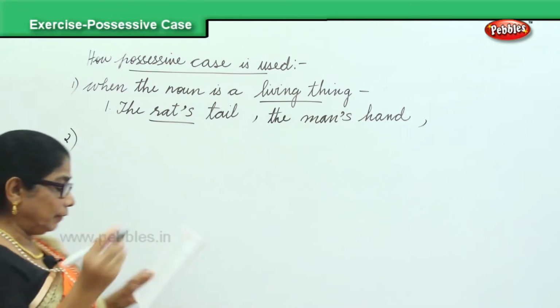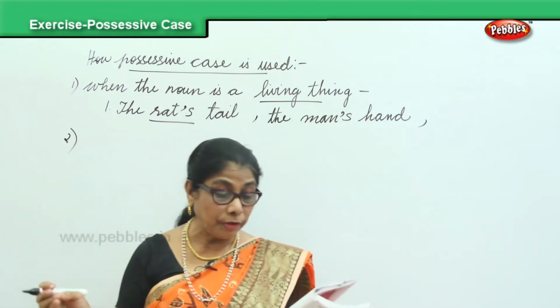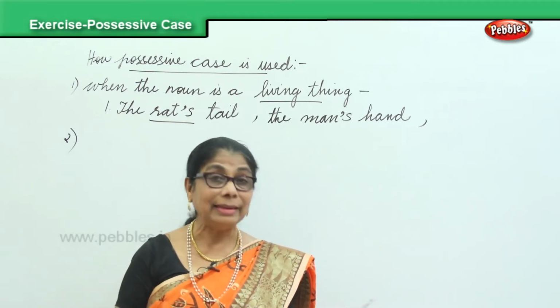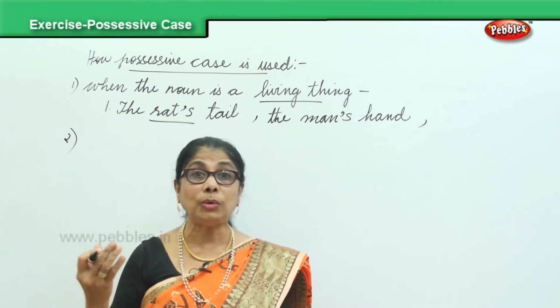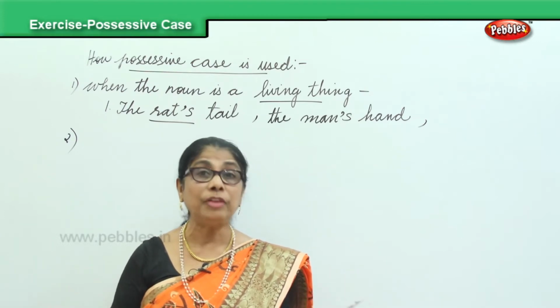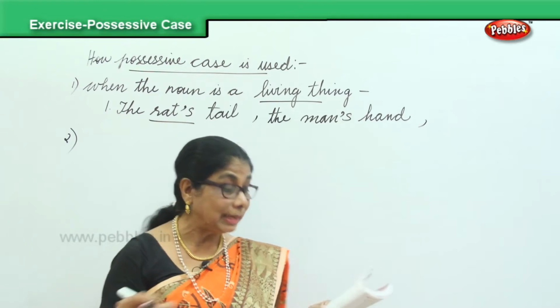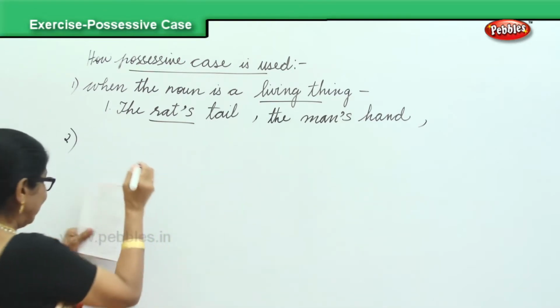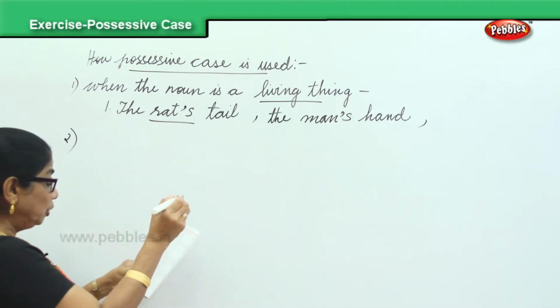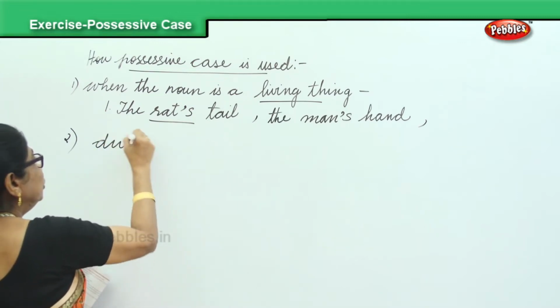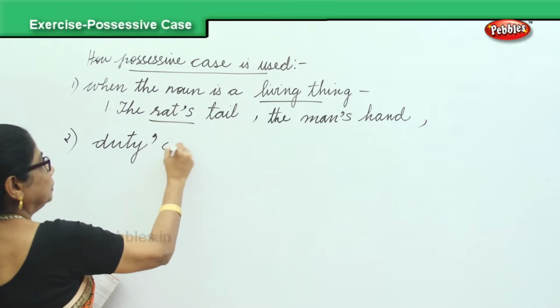Supposing we are talking about personified things, where a noun denotes duty, England. When you talk about things that personify something, duty is something that you do. So in that case, you will say, duty's call.